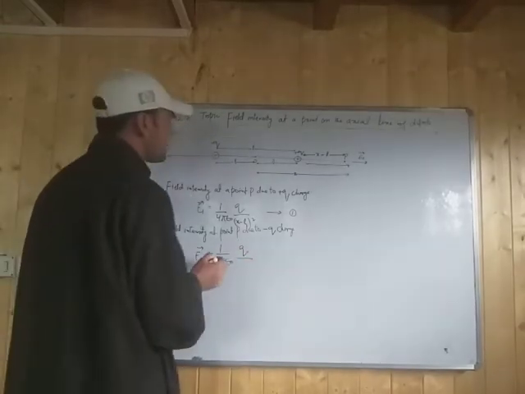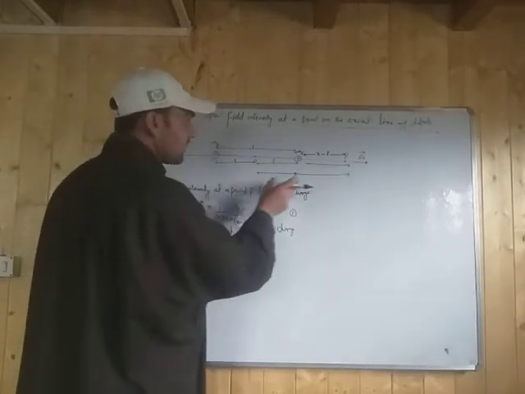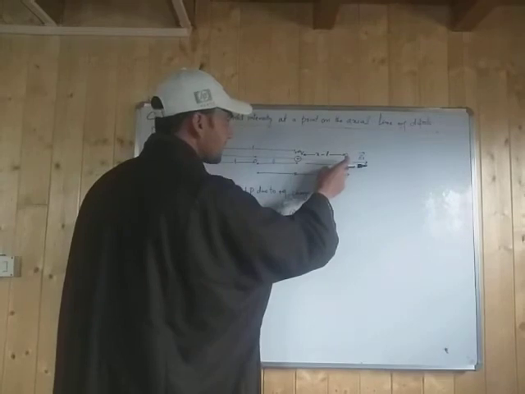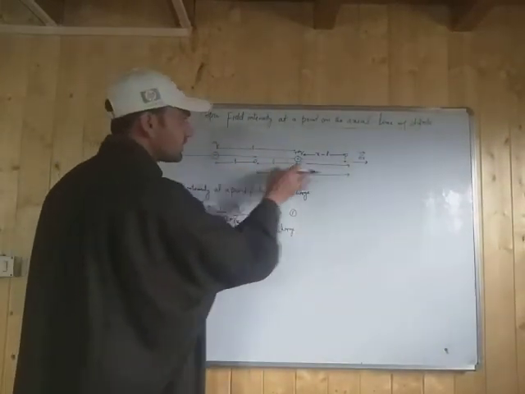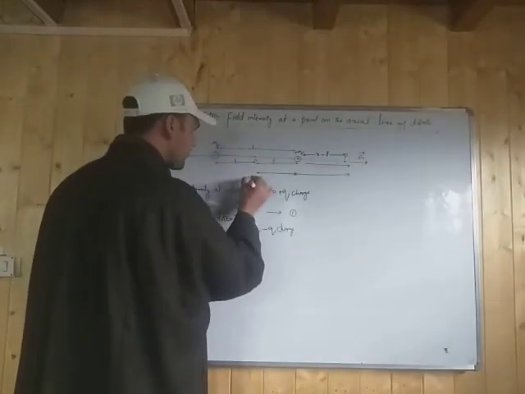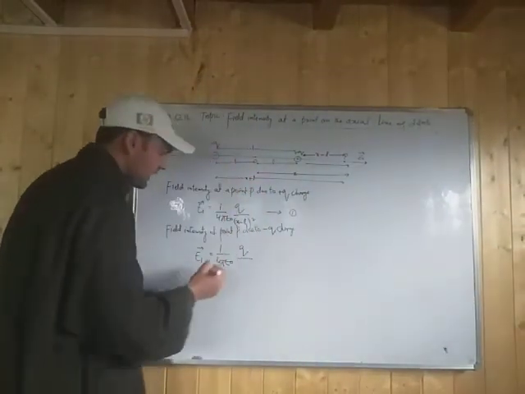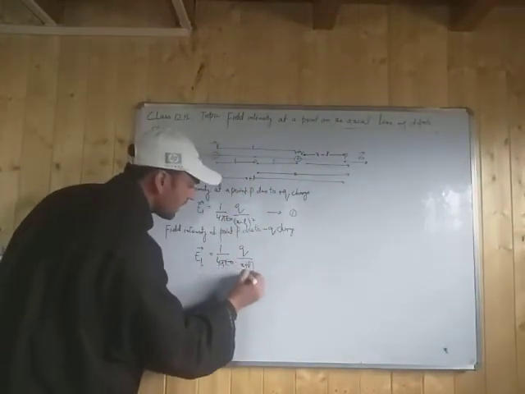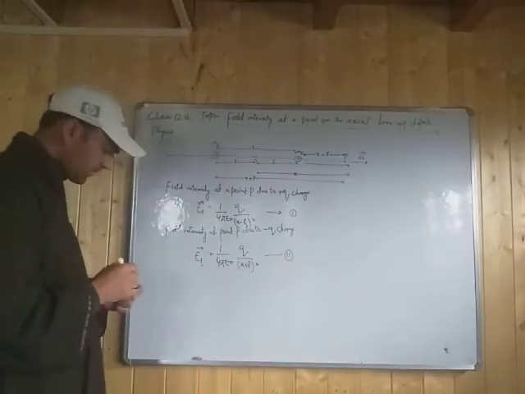Here the electric field is created by this negative charge, but the point P lies on the axial line. So the distance will be from the center to this point plus from the center to this, which is x plus L. So we can write x plus L whole square. So this is equation second.